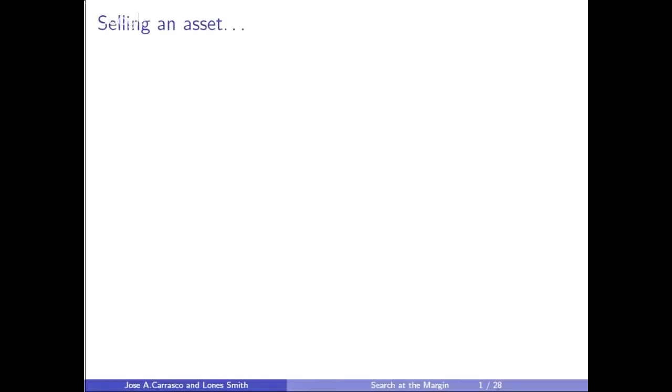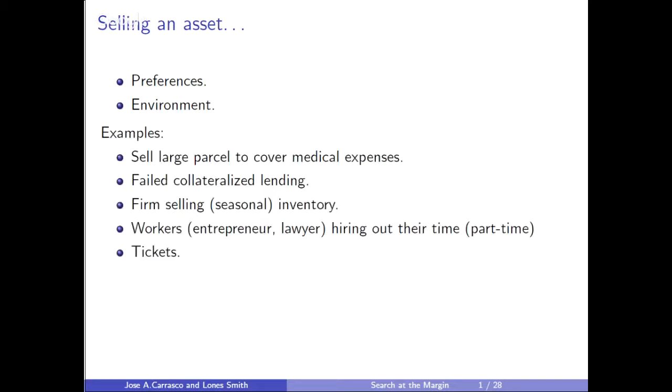All right, so what I want you to do throughout this presentation is think of any situation in which you have been trying to sell an asset, okay, as general as that. Maybe your preferences changed, maybe you don't like anymore your large collection of stamps that you used to have and you want to sell it, or maybe the environment changed in a way that now you need to sell that asset.